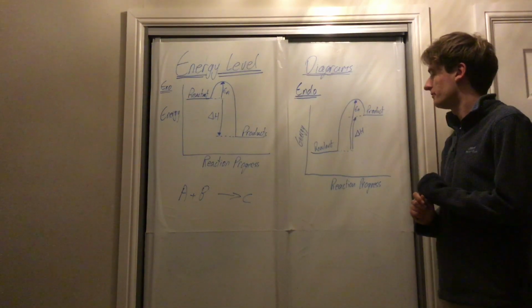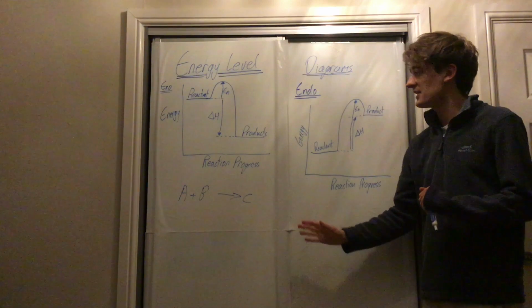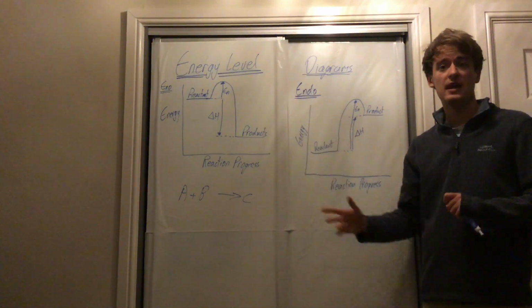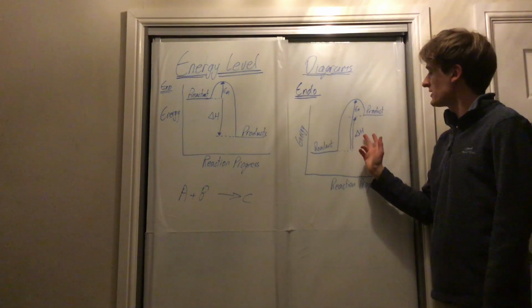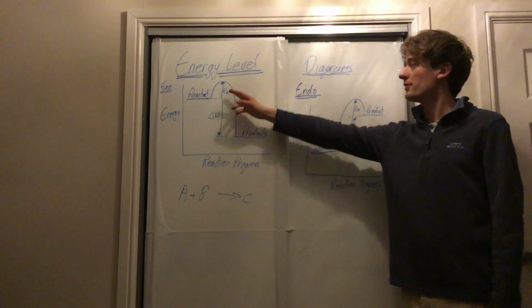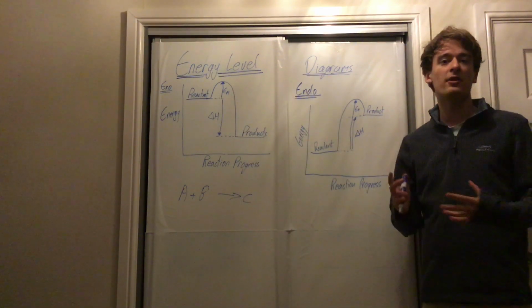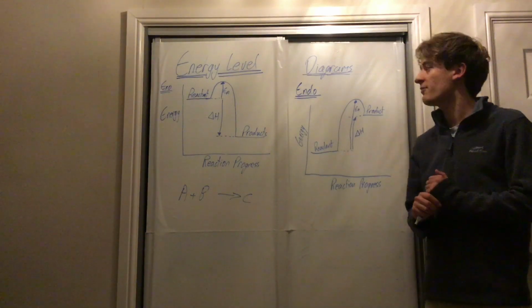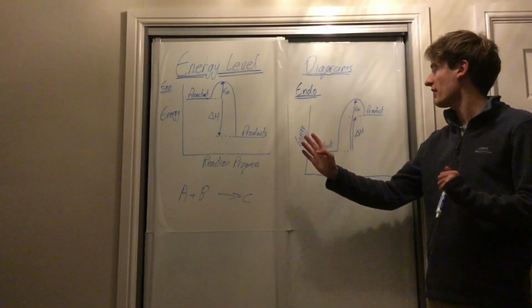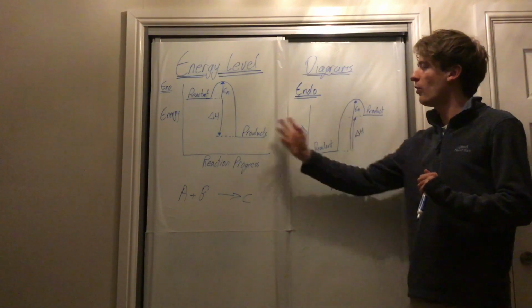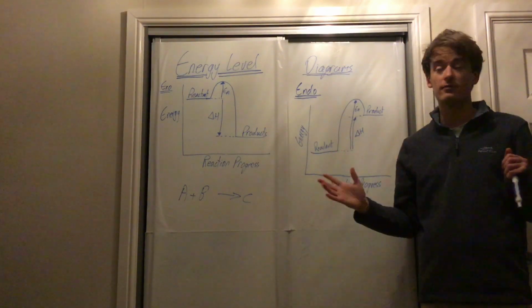So for GCSE you need to be able to reproduce these, endothermic and exothermic. You need to be able to label delta H in both cases and activation energy in both cases. And you need to have an idea linking to the definitions of exothermic and endothermic reactions, what these are showing.